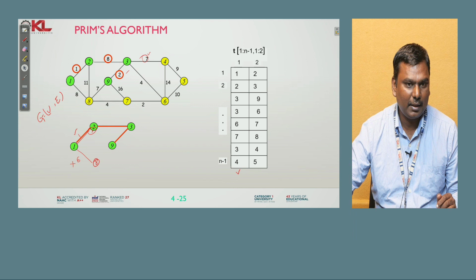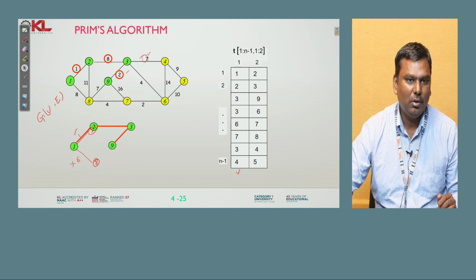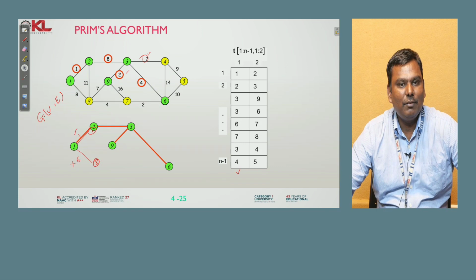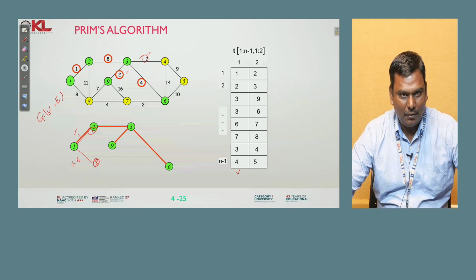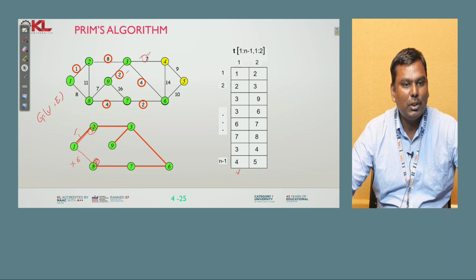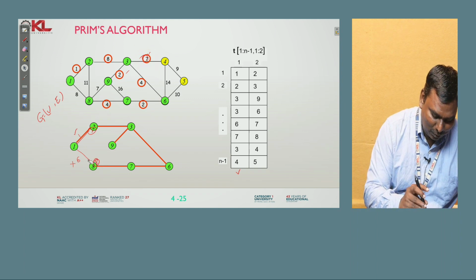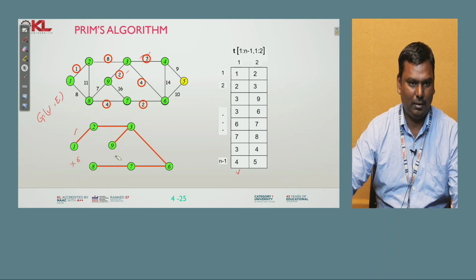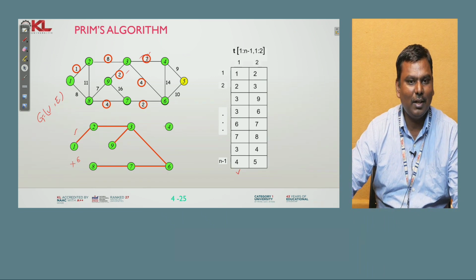Based on the situation we connect. This one we connected without looping, into a tree.